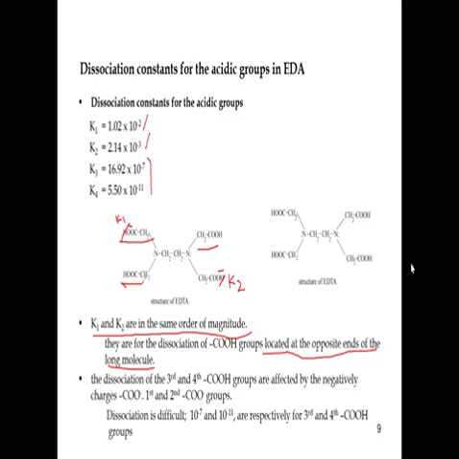That's why these two are for 3 and 4. So if you label this as K3, definitely the other one is K4. Right, that is how you do it. They are weak acid groups.